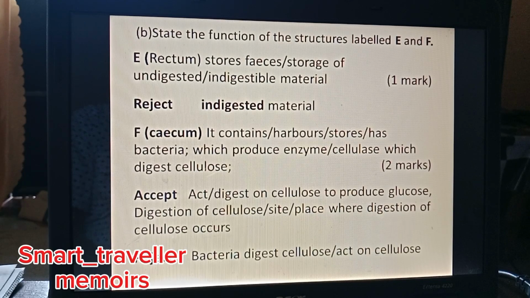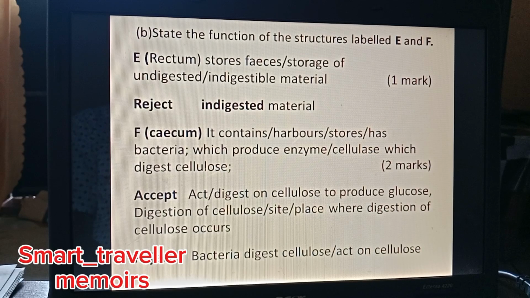It should be indigestible. F is cecum. It contains, or harbors, or stores, or has bacteria which produce enzyme which digest cellulose, or you can say which produce cellulase which digest cellulose.